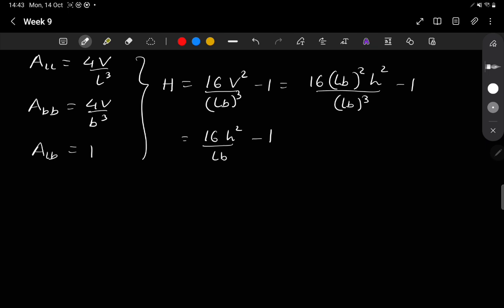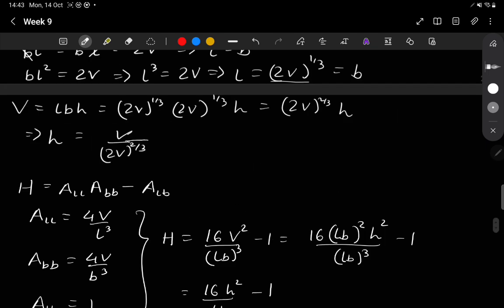It's actually difficult to determine the sign of this Hessian, but clearly this Hessian is not equal to 0.